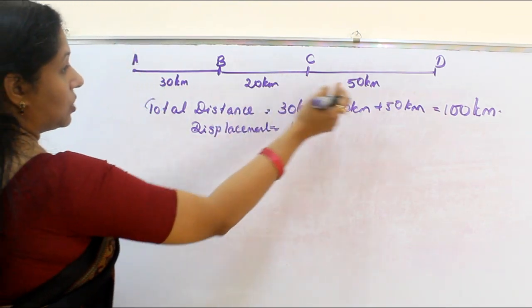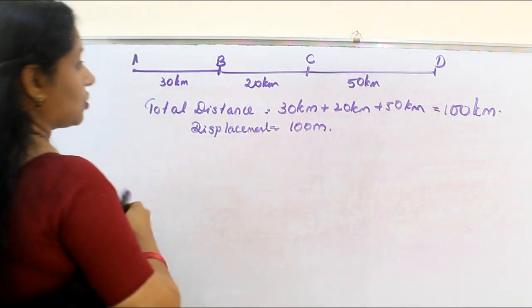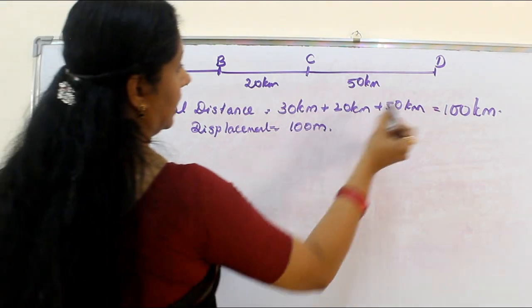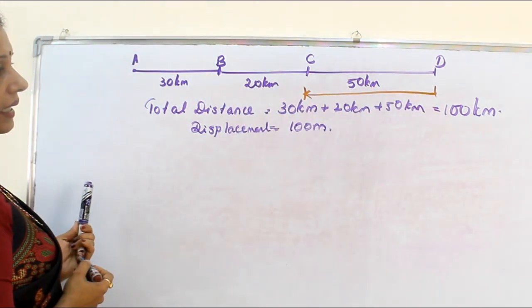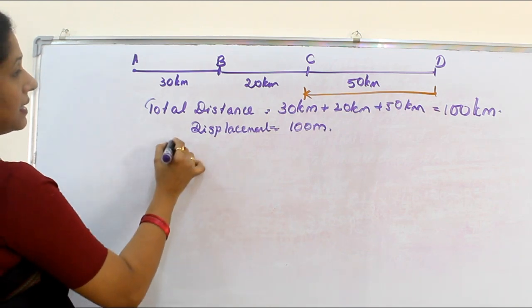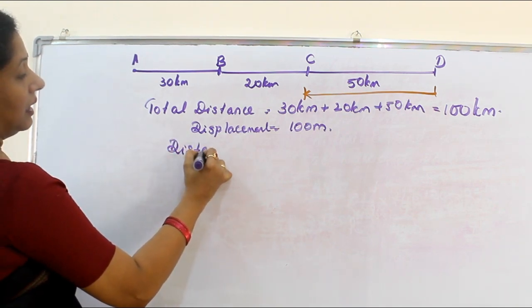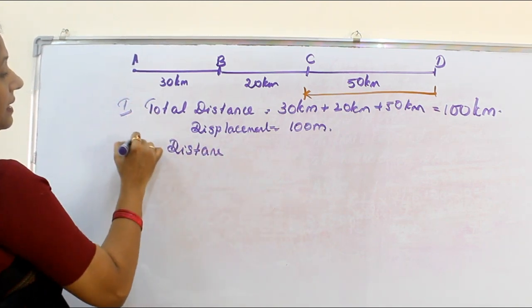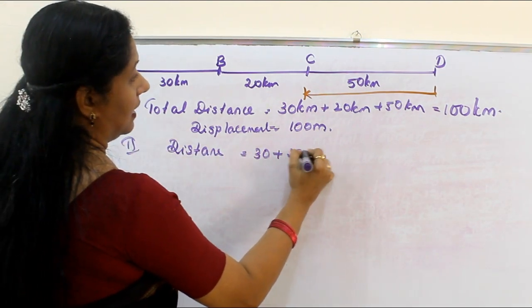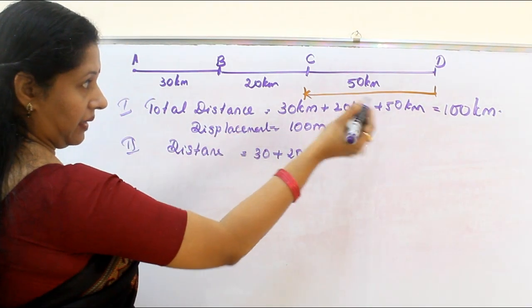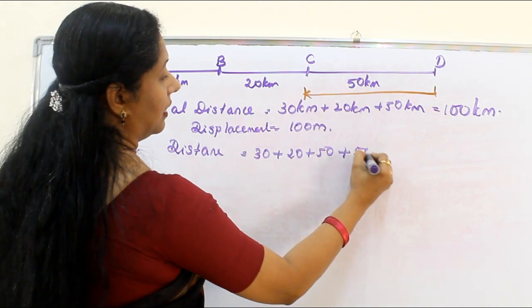Now you are traveling back. So after reaching D, you completed your task and you are coming back to C and halting there. So now what is the distance covered? In the second case, distance covered is 30 plus 20 plus 50, already traveled, but now you travel back another 50.